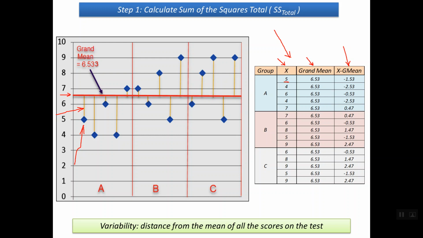For this first point, for group A, which is 5, this is the grand mean. The grand mean is greater than the observation, which is x. So x minus the grand mean will be negative, minus 1.53, which means that this observation lies below the grand mean line.